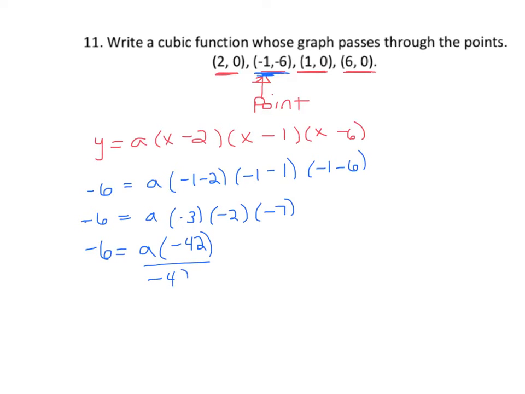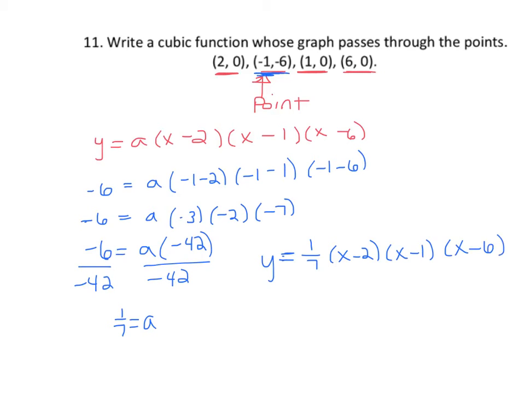Divide both sides by -42 and simplify. So we have a equals 1/7. So we'll plug that in. So we have y equals 1/7 times x minus 2 times x minus 1 times x minus 6. We're just going to leave it like that on this one. Unless you're told to put it in standard form, we'll just leave it in intercept form or factored form.